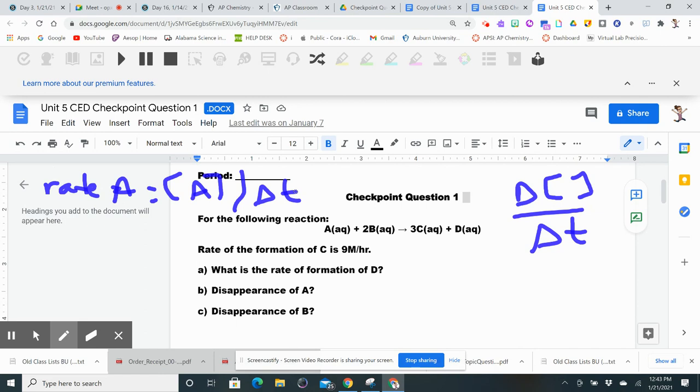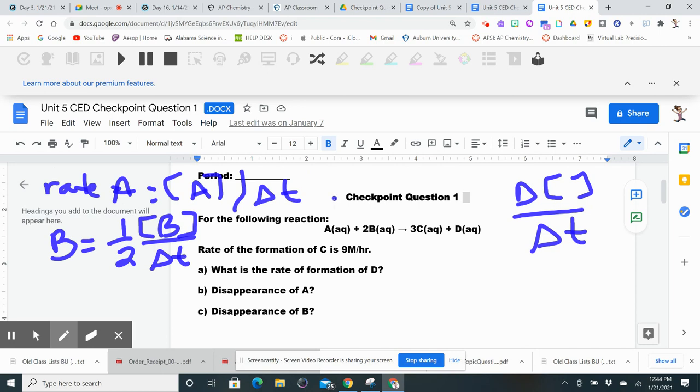And for B, the rate for B is going to be equal to 1 over 2 times the change in concentration of B over change in time. Okay? And so on and so on. And they're all equal to each other.